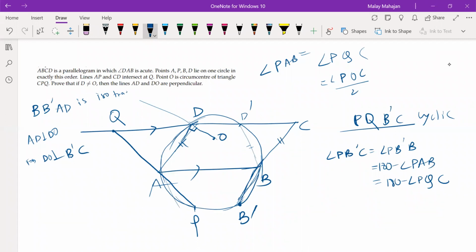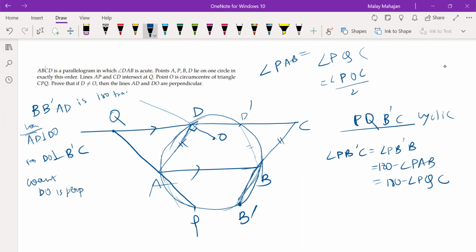So we must have PQB dash C concyclic, and we know the center of this circle, which is O. So you have that O lies on the perpendicular bisector of CB dash. This is what we want.